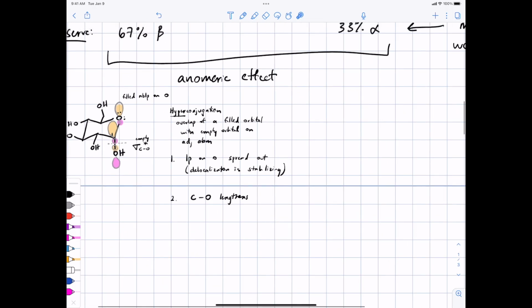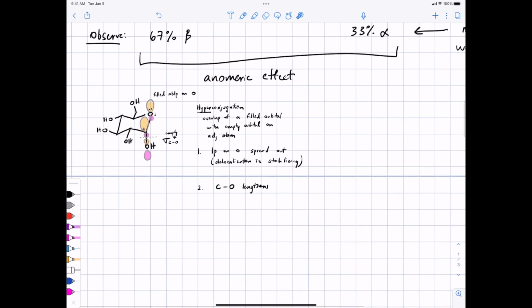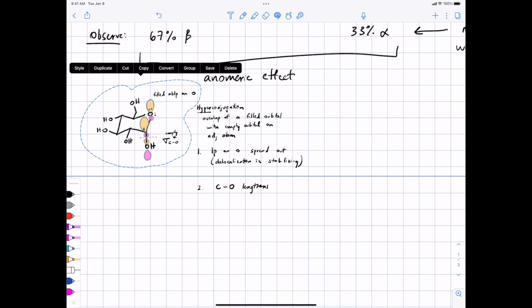Having the carbon-oxygen bond a little bit longer means sterics is a little bit less of a problem. All right, there's more to say because we need to compare this situation with what's going on in the beta anomer. But for now, what questions do you have about hyperconjugation?